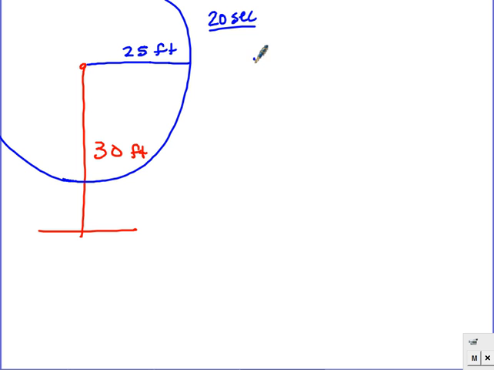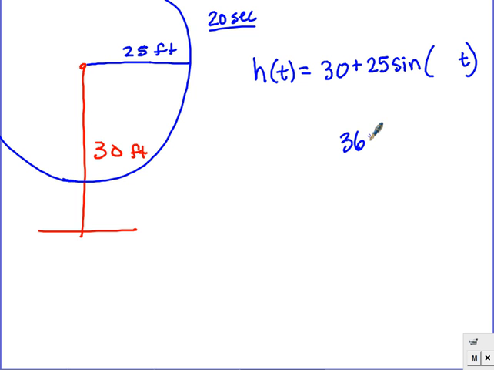So when we wrote the equation for the height with respect to time, we went 30, right? That was our, not amplitude, our midline, right? Our center, plus 25, that was the radius, sine of something t. And what we put in here was we took 360 degrees and we divided it by 20 seconds because we were going to get all the way around our circle back to the beginning in 20 seconds.